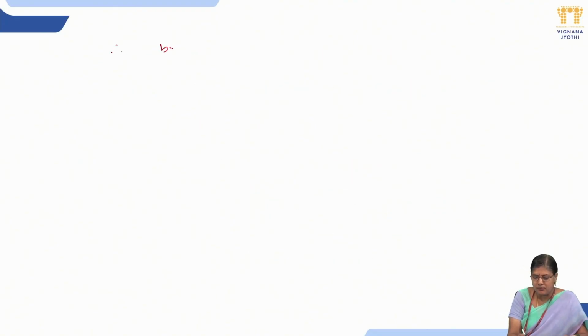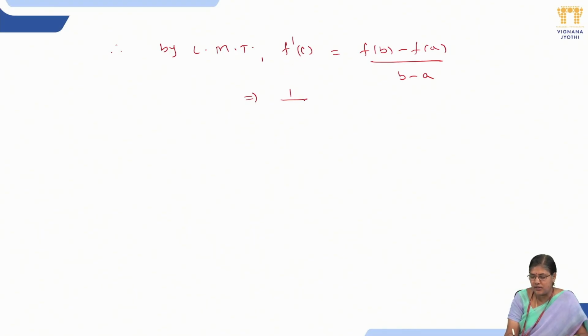Therefore, by Lagrange's mean value theorem, f dash c is equal to (f of b minus f of a) by (b minus a). That implies, from the previous step we know that f dash c is equal to 1 by 1 plus c square, which is equal to (f of b minus f of a) by (b minus a).